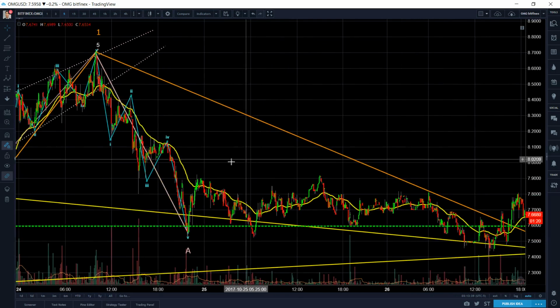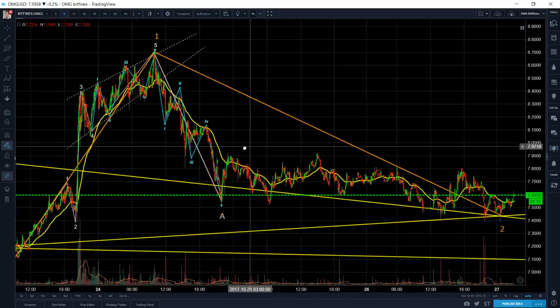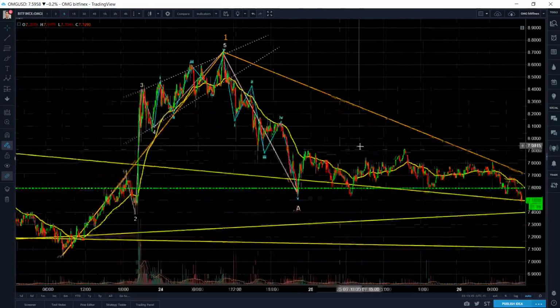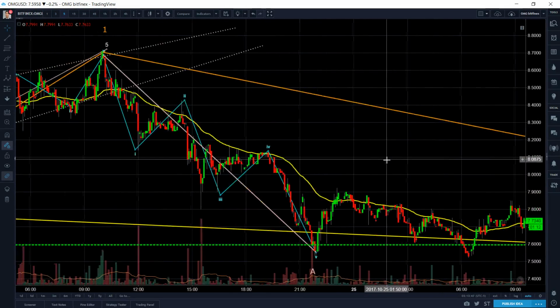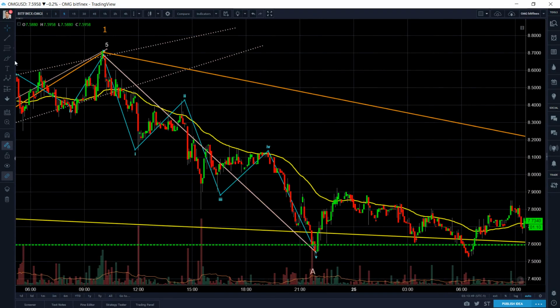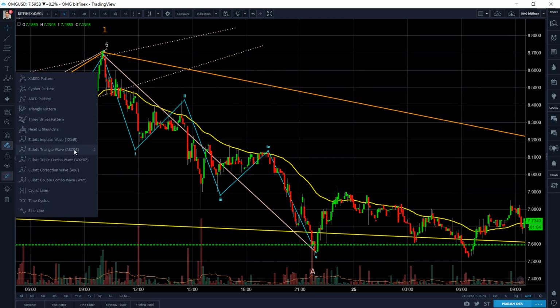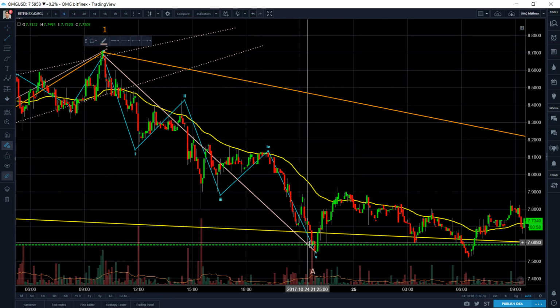Now, where is B? And I said that there would be an ABC, right? Well, ABC, when we go up, when we have B coming up here, instead of having 5 waves coming down, we actually get 3 waves going up. So I'm going to draw it in here for you guys, like this.